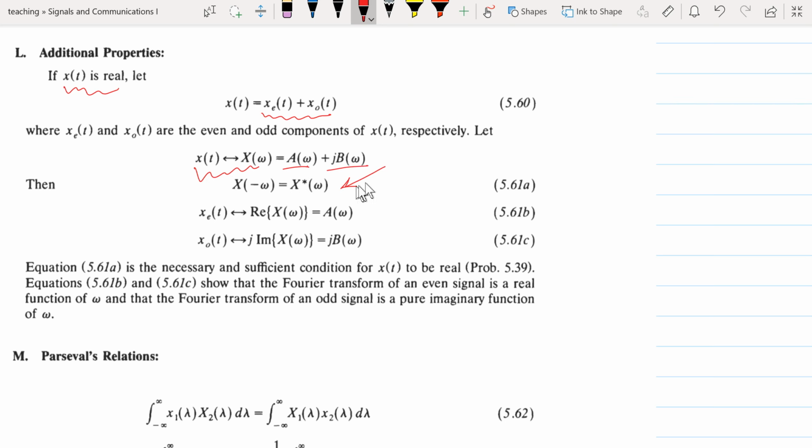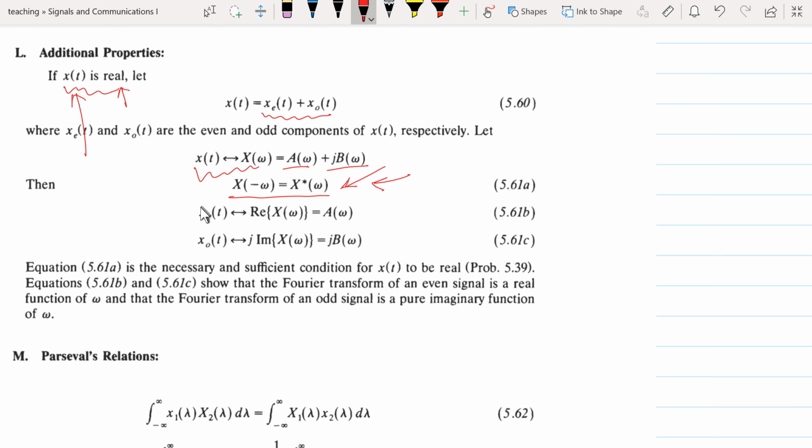If this is the case, then equation 561 is the necessary and sufficient condition to show that x of t is real. So if you perform a Fourier transform of a signal that does not satisfy this condition, then you realize that your function x of t is not real, and it was complex, or it was having some imaginary components.